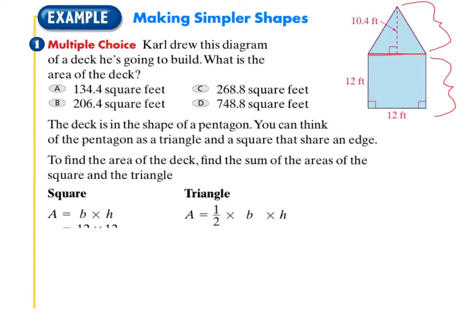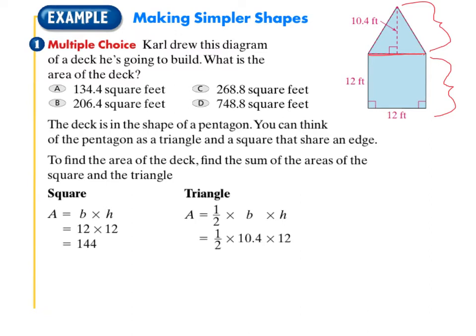So our formula for the square is the base times the height, or we also would have called this length times width, but it's the same thing when you're talking about a square. And then the area of a triangle is half of the base times the height. So the square will be 12 times 12, and 12 times 12 is 144.